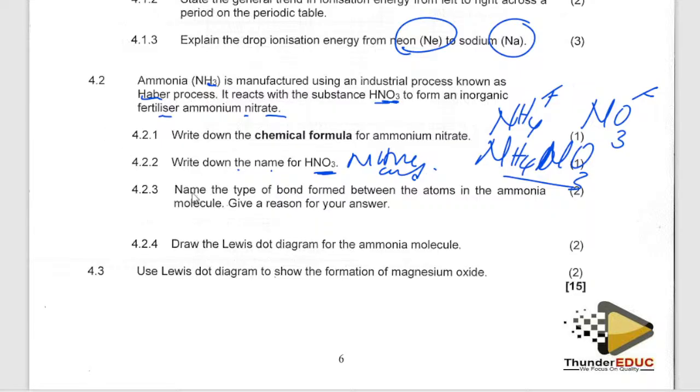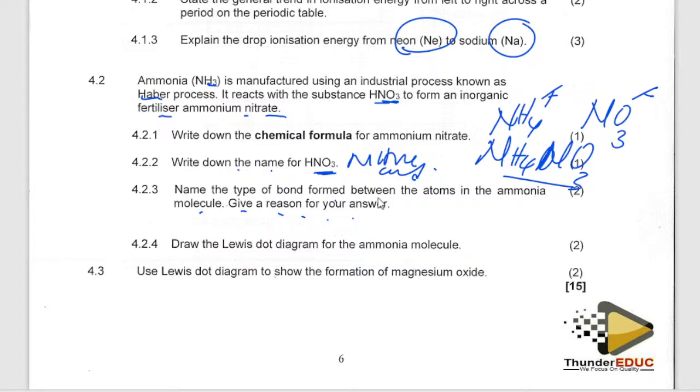They're saying name the type of bond formed between atoms in an ammonia molecule. Give a reason for your answer. When you talk about an ammonia molecule, which type of bond forms?